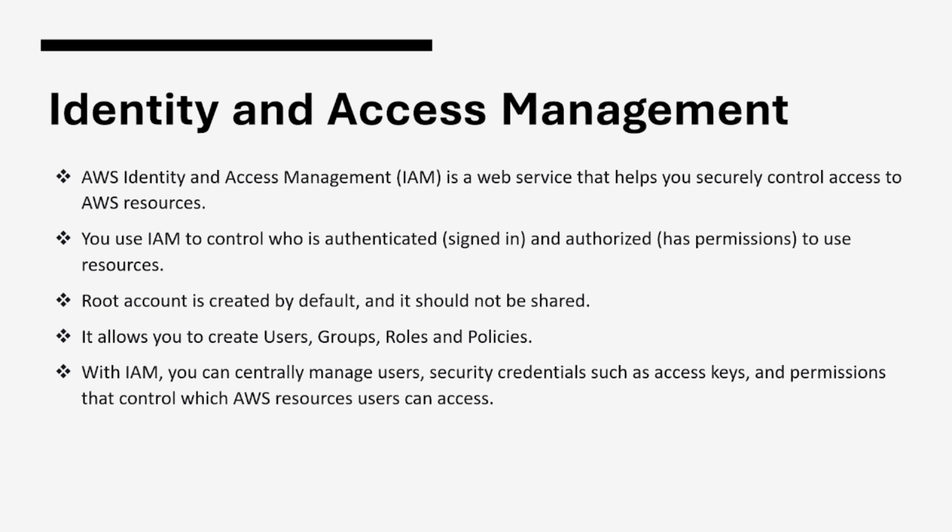So everything is centrally managed by IAM, right? It has a lot of things in it, but we shall be understanding it slowly and gradually so that the whole concept of IAM should be clear to us, right?